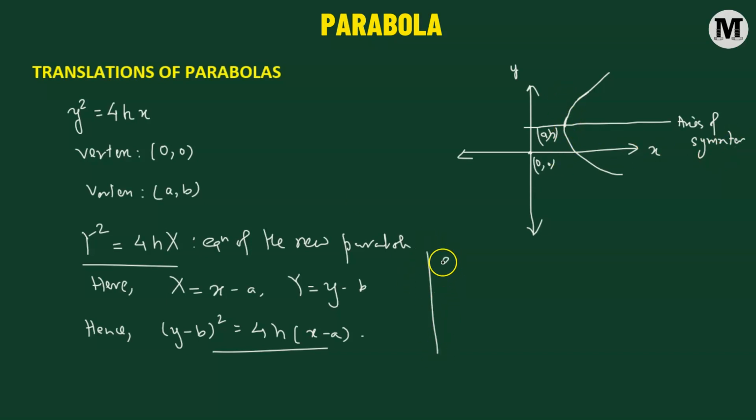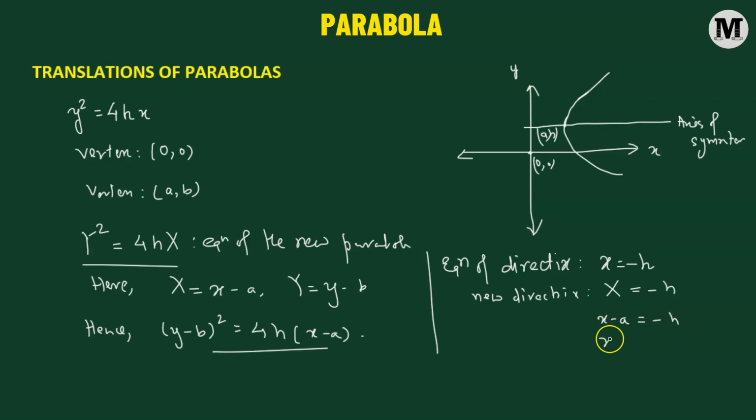Let's consider the original equation of the directrix whenever our parabola's vertex is at the origin. That was given by x equals negative h. For the new directrix, all we have to do is first replace the value of x with uppercase X. So X equals negative h, but in place of X we're going to use x minus a equals negative h, or we can say x will be equal to a minus h.